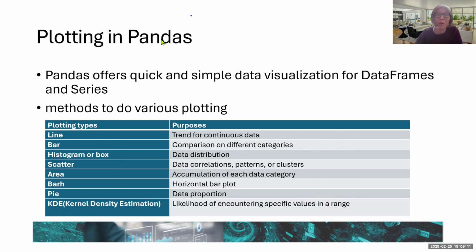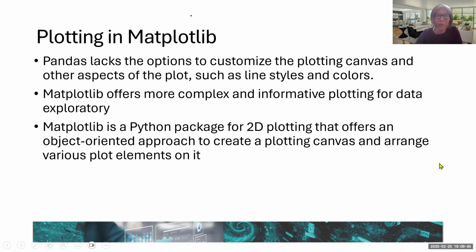So this is Pandas plotting. Now let's first take a look at the concept of plotting in Matplotlib. For the pandas plot method, even though it can provide a line, bar, histogram, what we previously discussed, over here it says it lacks some options.